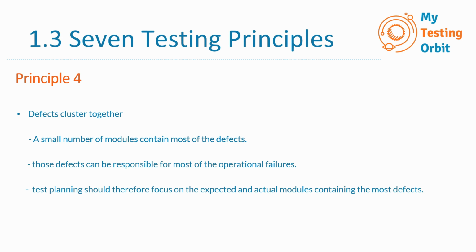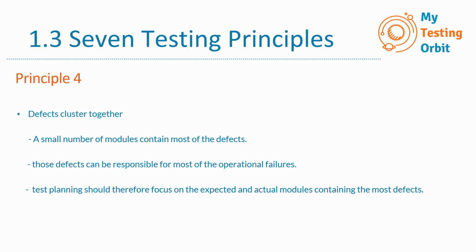So defects cluster together means, like if you are testing a software, let's say there are different modules and you are testing module number 2 and you found that there are lots of errors. Then you go into more detail in that module to see if there are more errors or not. Sometimes if there are 5 modules in that entire application, there is one specific module where there are lots of errors, and that means the defects are clustered together in that module.